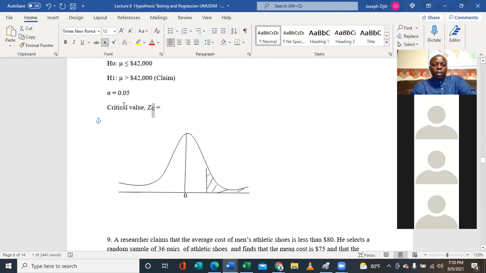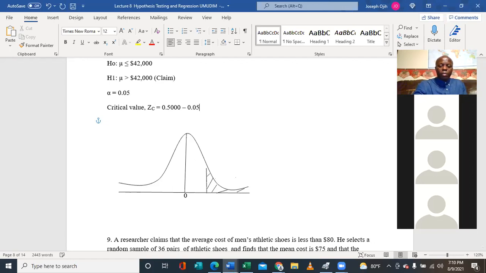Whenever it's on the right, you look for the probability value they give you, 0.05, and subtract it from 0.5. So 0.5 minus the probability they give you, 0.05, because 5% is 0.05.